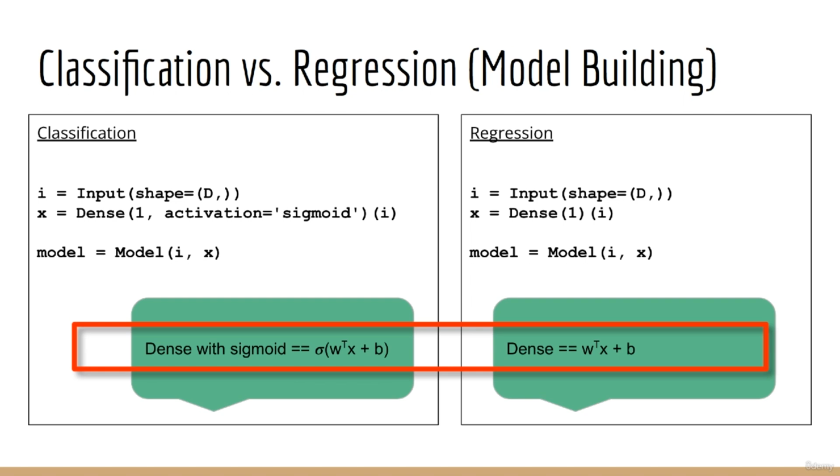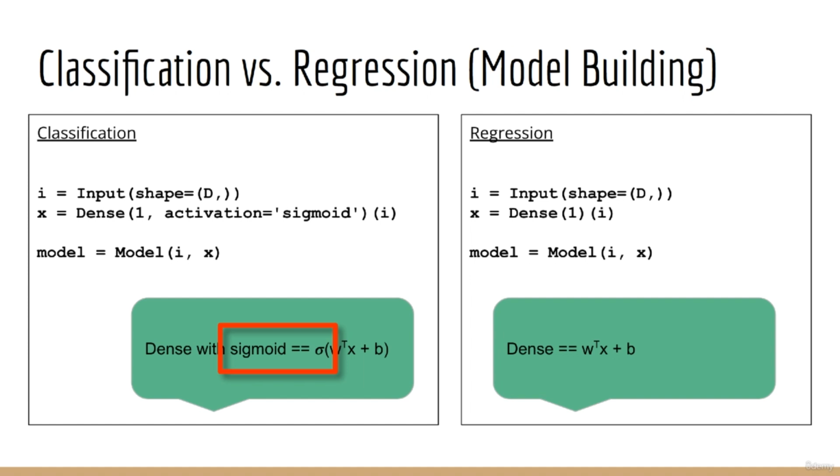Because the output of this dense layer only has one element, W can effectively be thought of as a d by 1 vector, and B can effectively be thought of as a scalar, even though in practice it will be a vector with one element. Now, as you recall, for logistic regression, we also apply a sigmoid function after this transformation, which maps the output to a probability between 0 and 1.